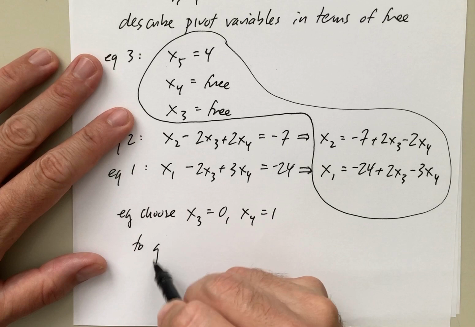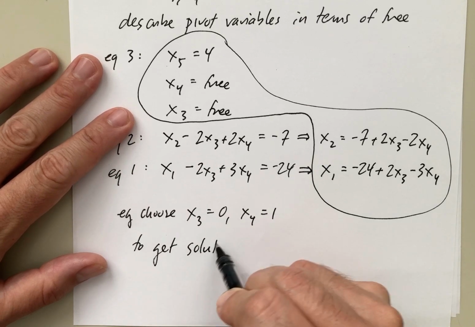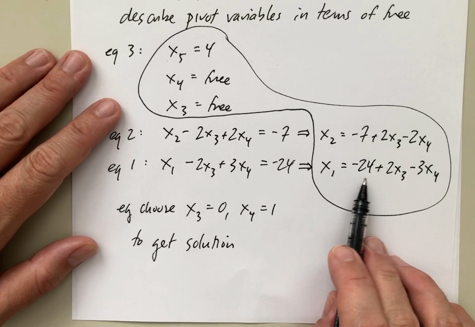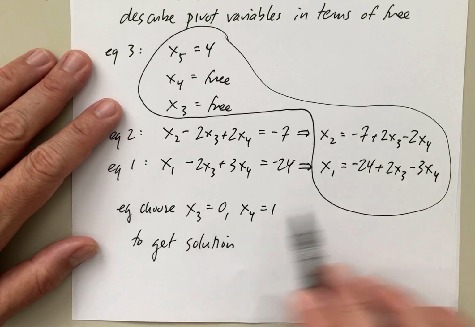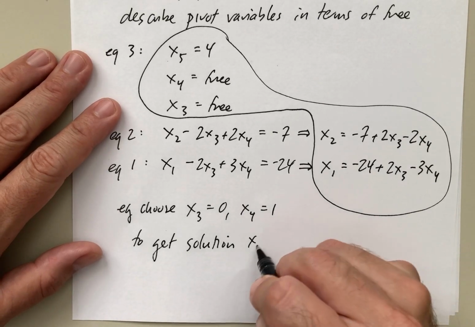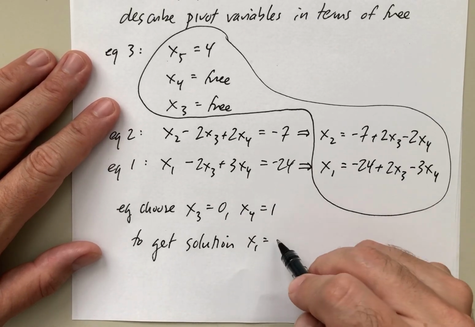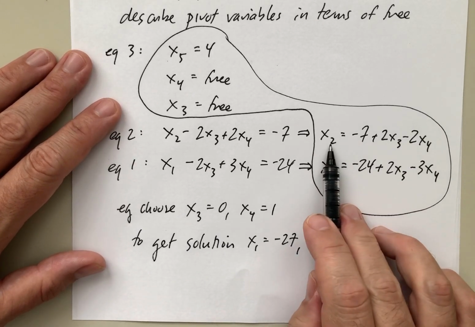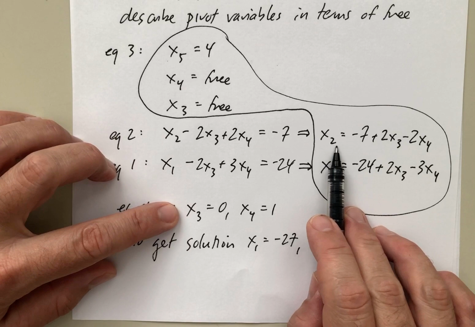And what would we get from there as a solution? So x1 would then have to be, can I do this in my head? If x3 is 0, this goes away, x4 is minus 3, so then x1 is minus 27, if I did that correctly. x2 would be, let's solve it here. Again, x3 is 0, x4 is 1.